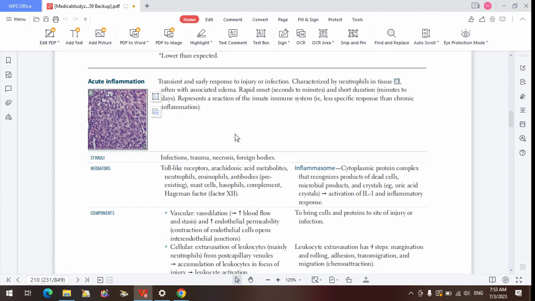In response to that, there's going to be an acute inflammatory response that will lead to elaboration of our eosinophils. The mast cells and basophils are going to release eosinophil chemotactic factor and draw the eosinophils to that area. That's an acute inflammatory response to a foreign body, like pollen, dust mites, or whatever can trigger inflammation. So infection, trauma, necrosis, and foreign body.